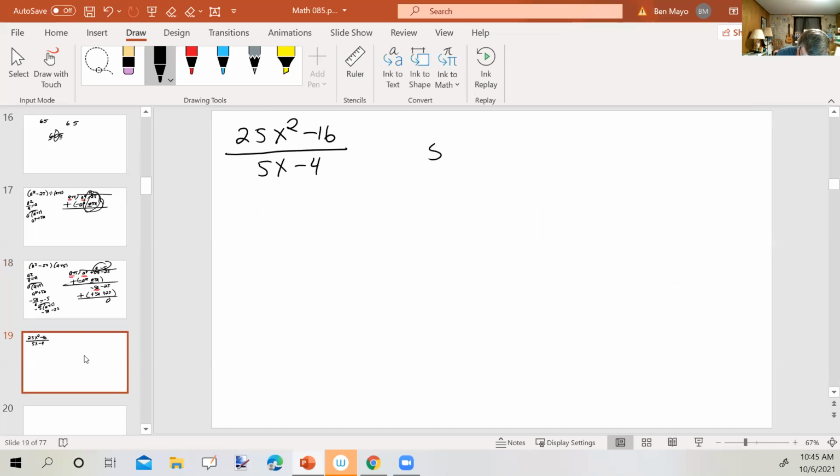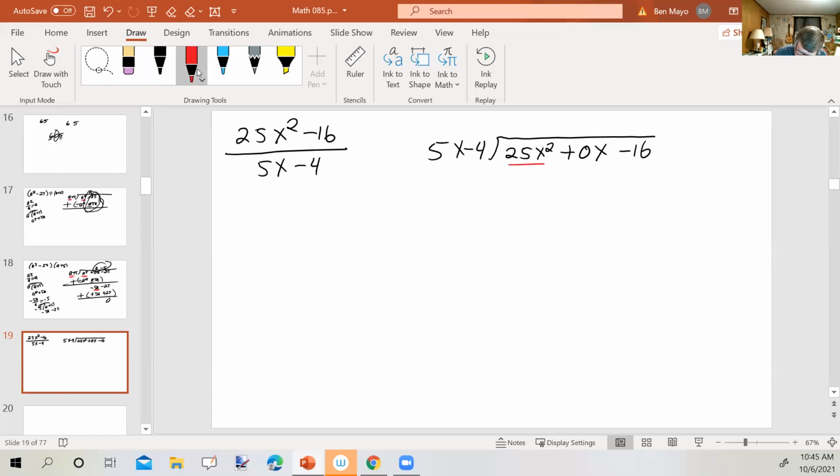So the divisor, 5x minus 4, goes outside. The dividend goes inside. 25x squared. Oh, but we're missing the powers of x, so plus 0x minus 16. So I've got x squared, x, no x at all in my columns.